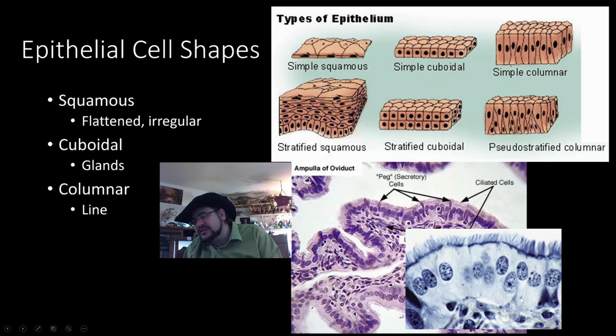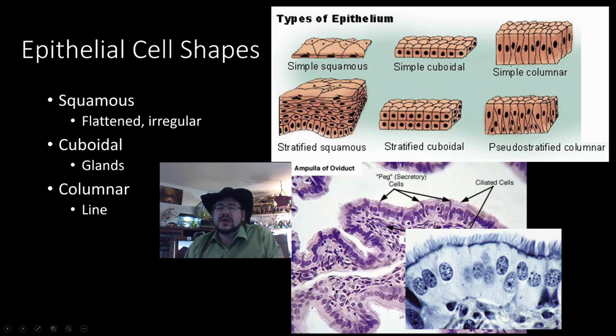so it's pseudo-stratified. And we can actually see that here in our picture of our uterine lining columnar cells. We can see that some of them are smaller and compressed. Right around here, you can see over here that this one right here may not quite reach the top. So, pseudo-stratified.